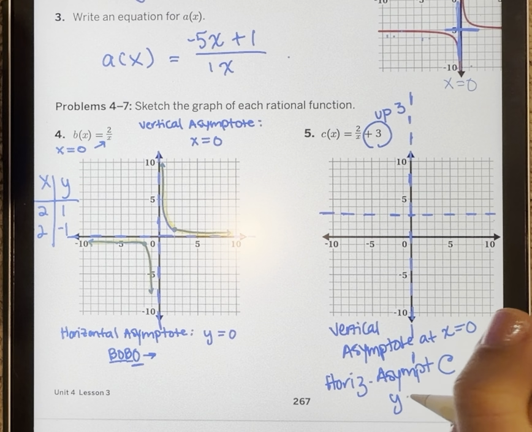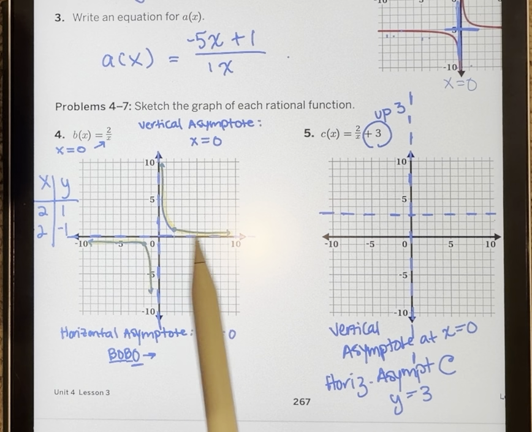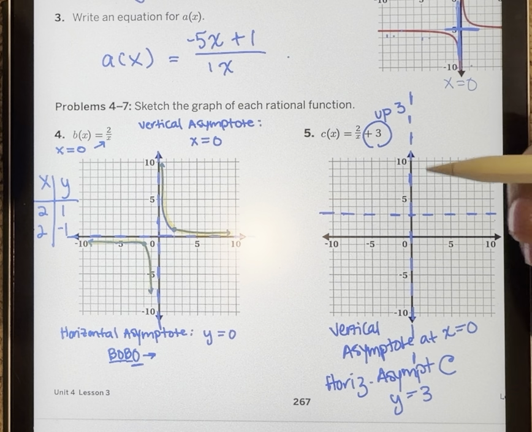At y equals, oh no, not 0 anymore. It went up to 3, so y equals 3, all right? And then the curve, the graph, they all just got up and moved up 3. So here, let me graph it in a different color this time, green.